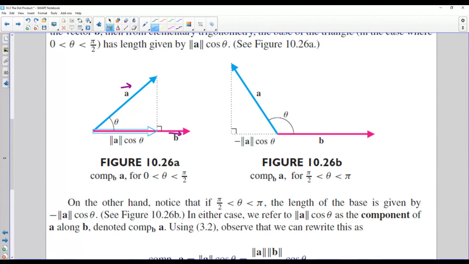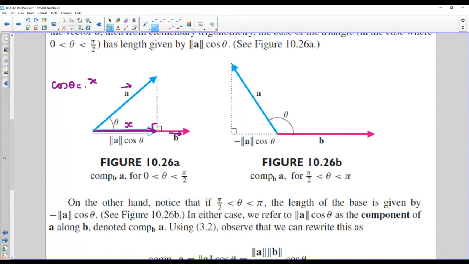Now, if you take the projection of the vector A on the vector B, then what you will get here, this side, if you use a little bit of trigonometry, the cosine of theta will be this side, if I call it x, for example.